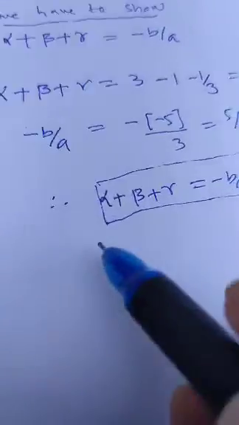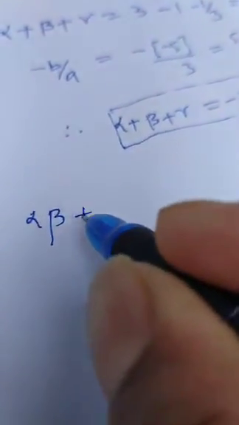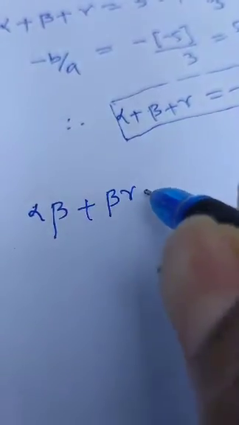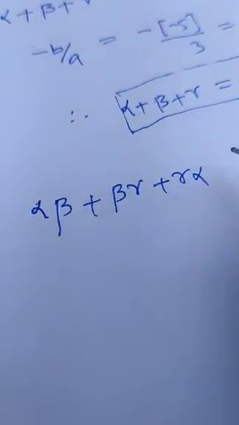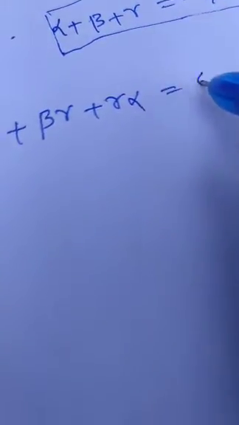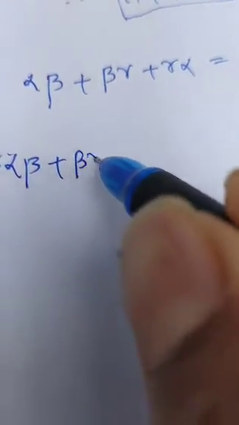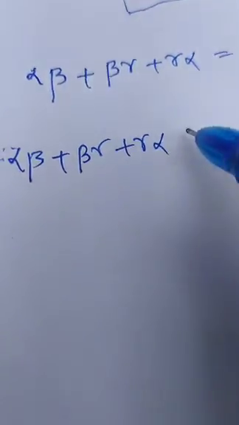Okay, second condition. What is the second relation? Sum of the products of two zeros: alpha beta plus beta gamma plus gamma alpha is equal to c by a. We have to show this. For that I am taking the left hand side, alpha beta, beta gamma, gamma alpha.